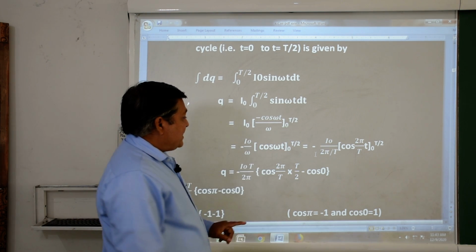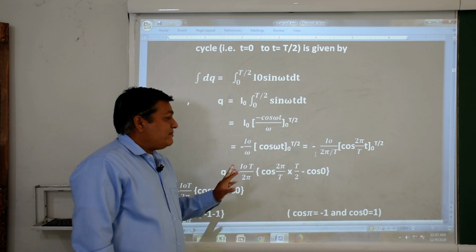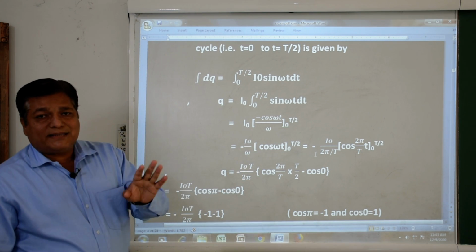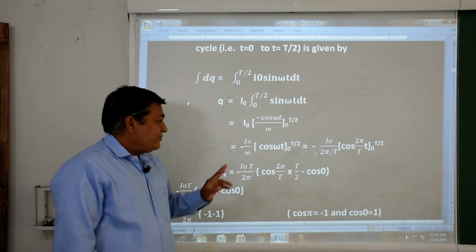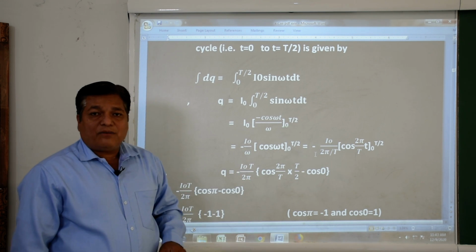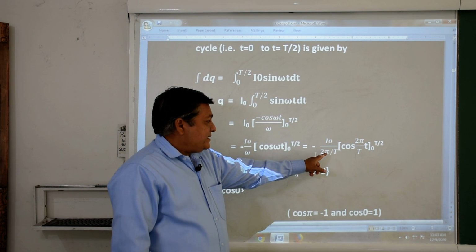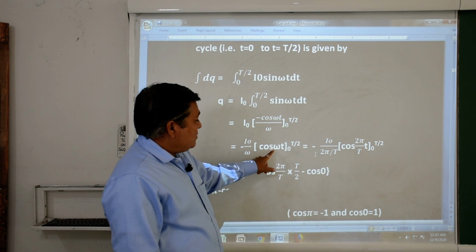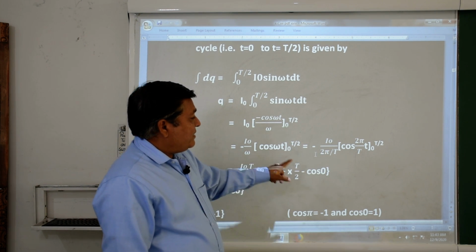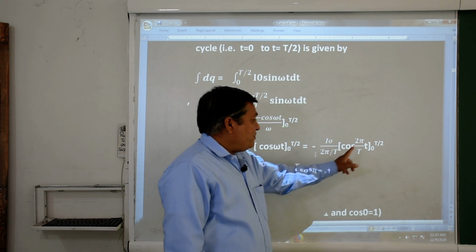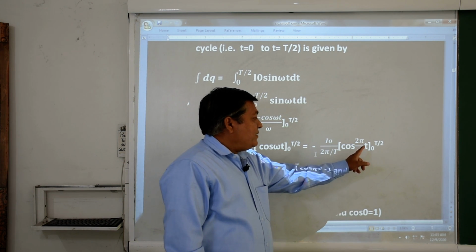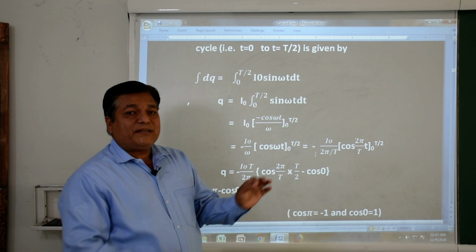Here omega is the angular velocity, and omega is equal to 2 pi by capital T. So we place this value outside and inside the bracket in place of omega. Now we apply the limits in the bracket.